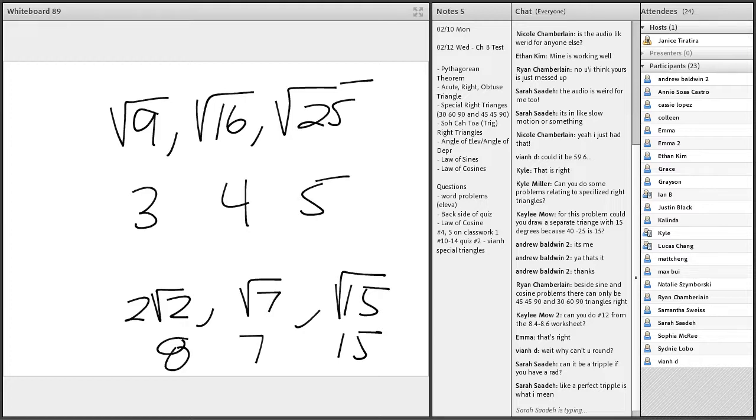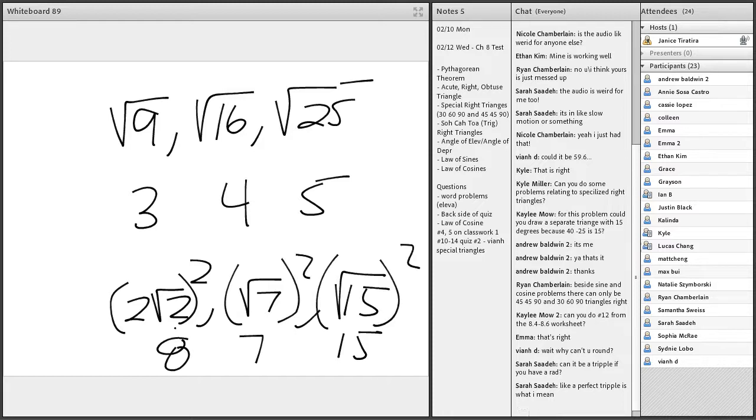Plus rad 7. Is that bigger than rad 15? Ooh, so this works. So this could be a triple right here. So yes, they're all rads. So if you square them, then you would get 8, 7, and 15. And if you add the two smaller ones, it would be equal to c squared. So yes, there can be, Sarah. Yeah, so you just have to double check.